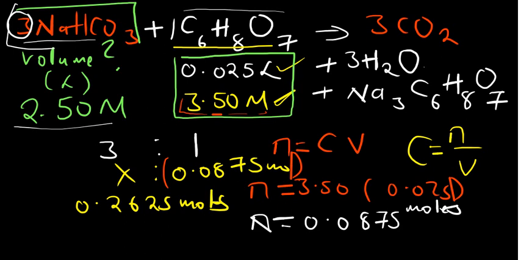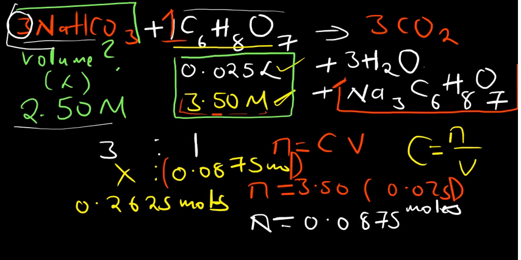Have we understood? You look at the ratios of what you're interested in. Assuming we were asked to find how much of this other reactant was produced, you would see that we are in the ratio of 1 to 1.